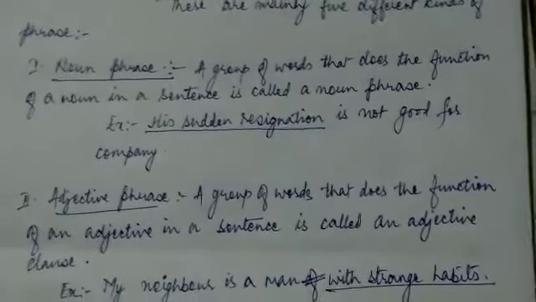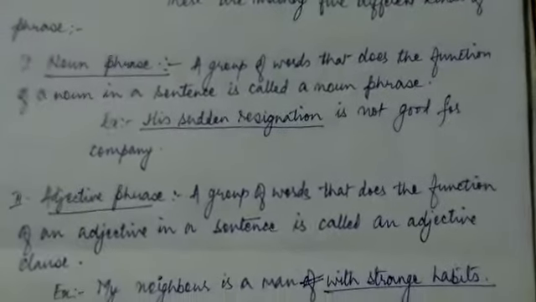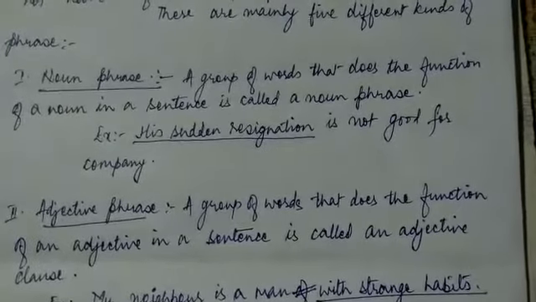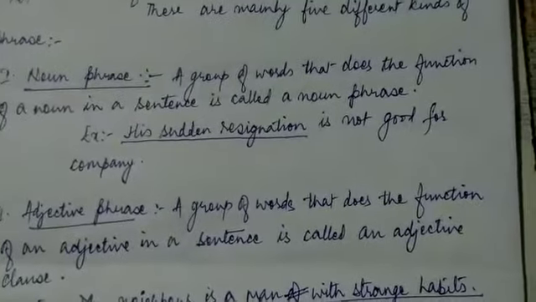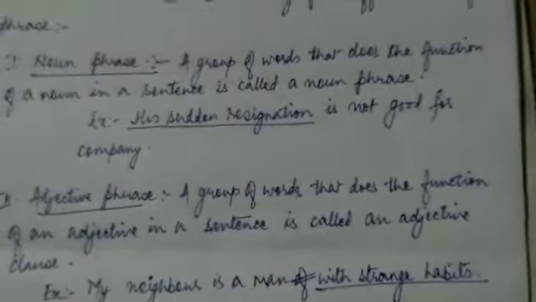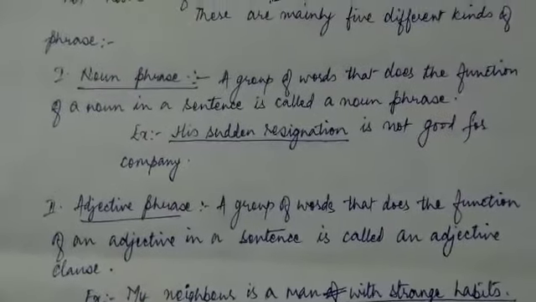I'm not going to go into that, but I simply want to tell you that when a verb is governed by some word or words, that word would be a noun. So here his sudden resignation is a noun phrase.